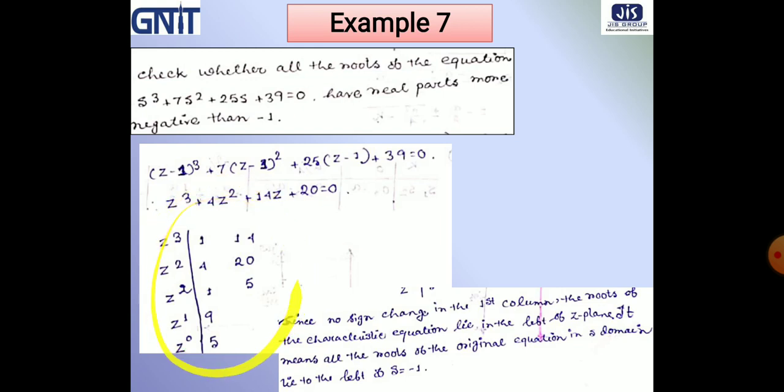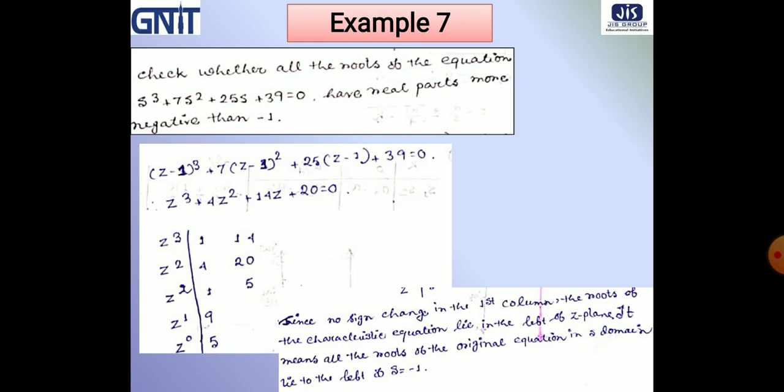Just calculate the Routh array like this, Z cube like this, and after investigating, we can see that in the first column of the Routh array there is no sign change. So that's why the system is stable.